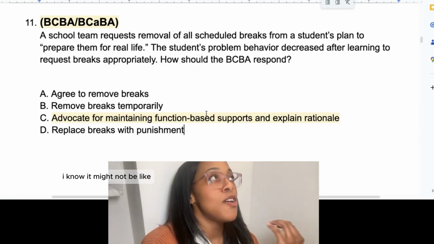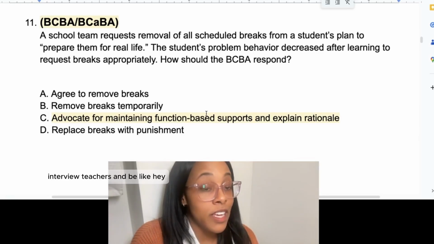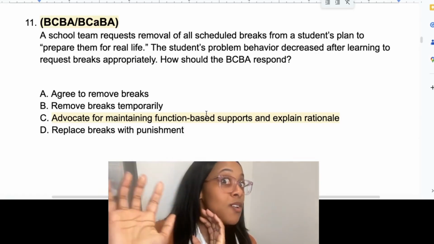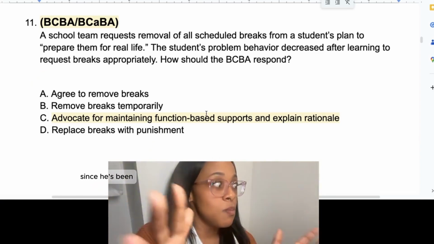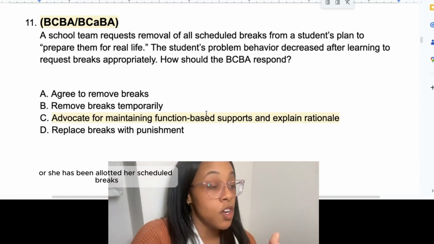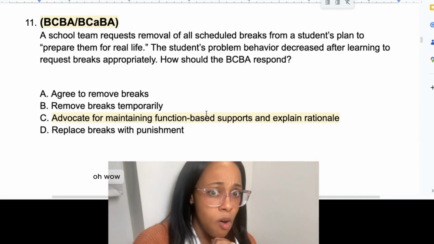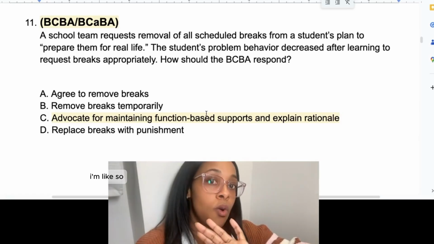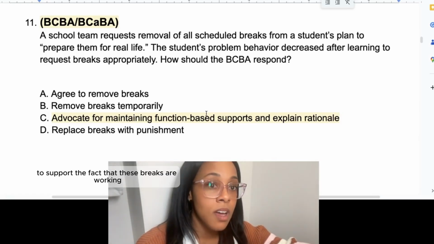I know it might not be the most behavioral, but I have even interviewed teachers and asked, on a scale of 1 to 5, with 1 being still the same and 5 being much better, since she has been allotted her scheduled breaks, how have things changed in your class? Oh, wow, a 4, a 5, a 4, a 5. So I can take that to administrators and say, this is the data to support the fact that these breaks are working.